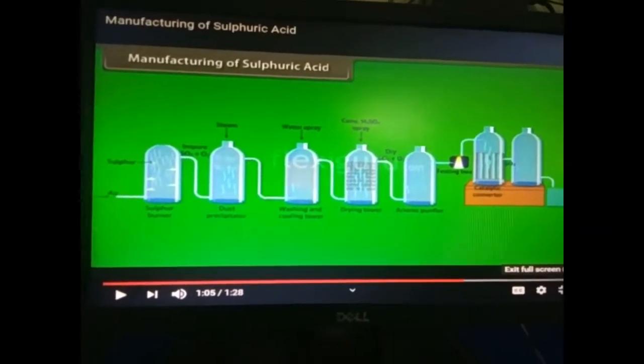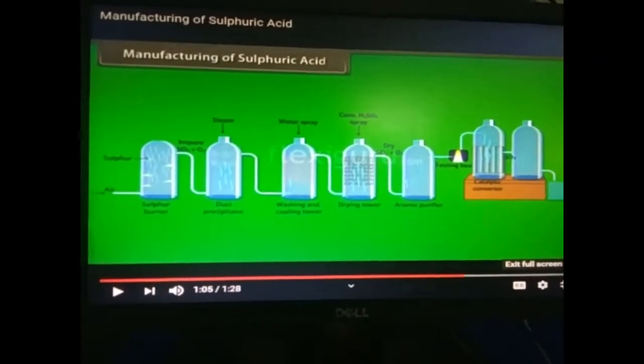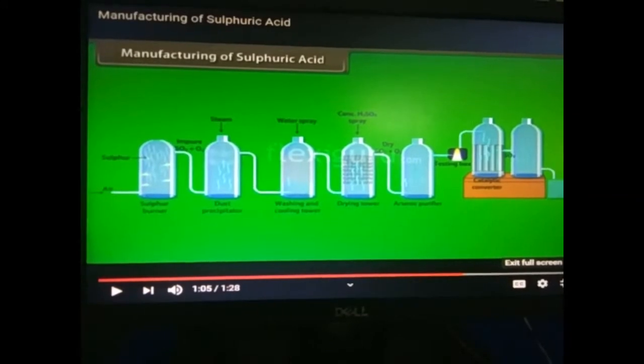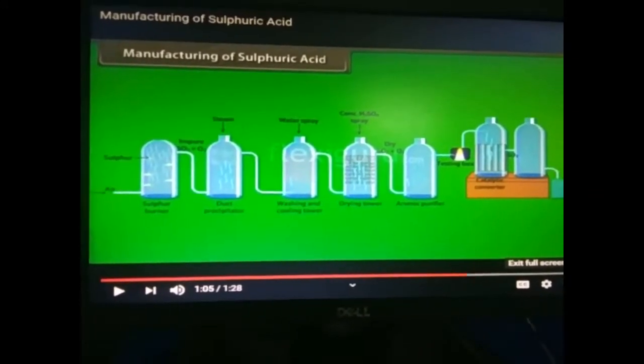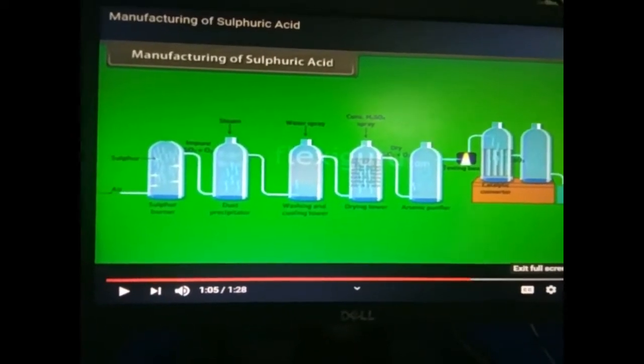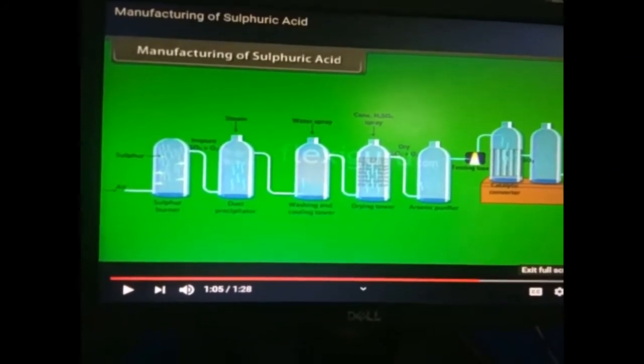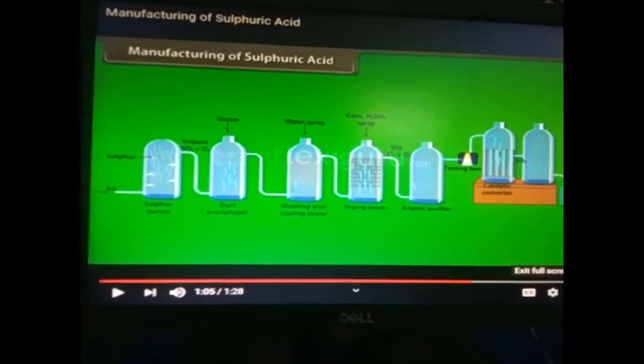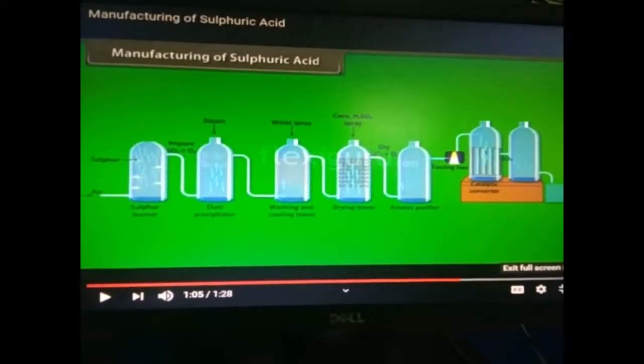Now in the next step, that is the drying tower. In the drying tower we observe that sulfur dioxide, due to cooling down, combines with oxygen to form sulfur trioxide. Next chamber is the concentrated sulfuric acid spray chamber.